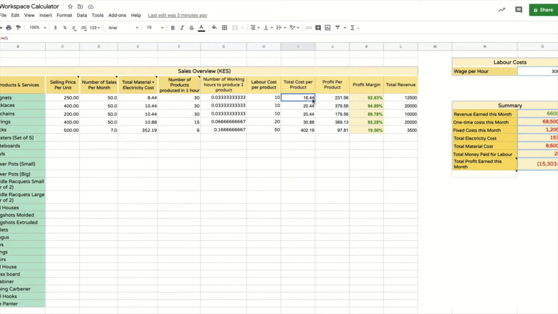And so again, the total cost is going to be the total material plus electricity cost plus the labor cost per product. So the profit per product is going to be 250 minus that total cost. And the profit margin is again going to be profit over revenue.